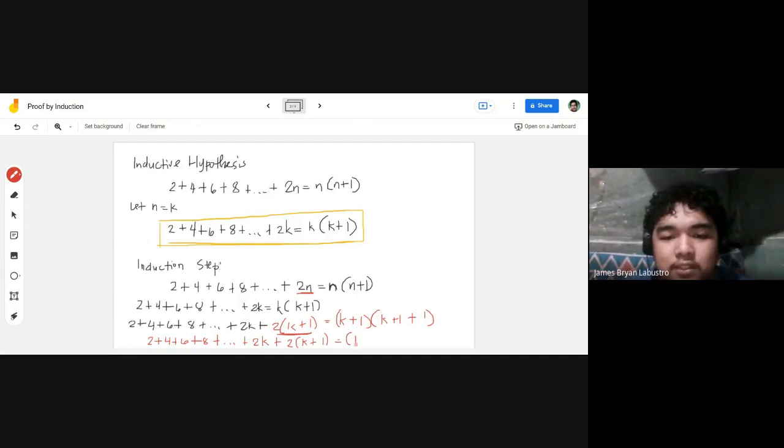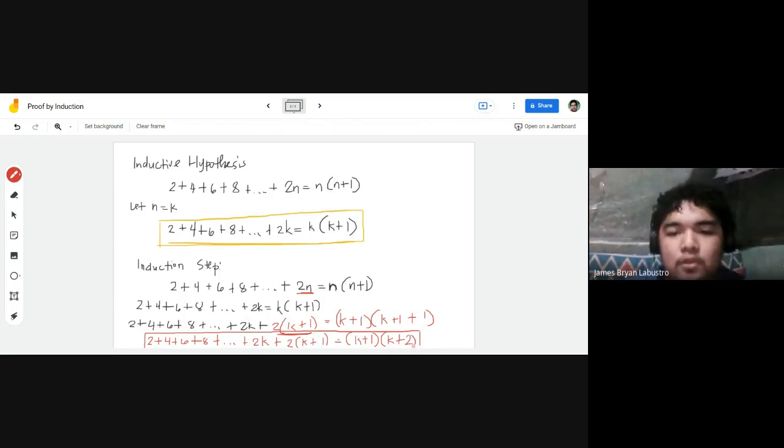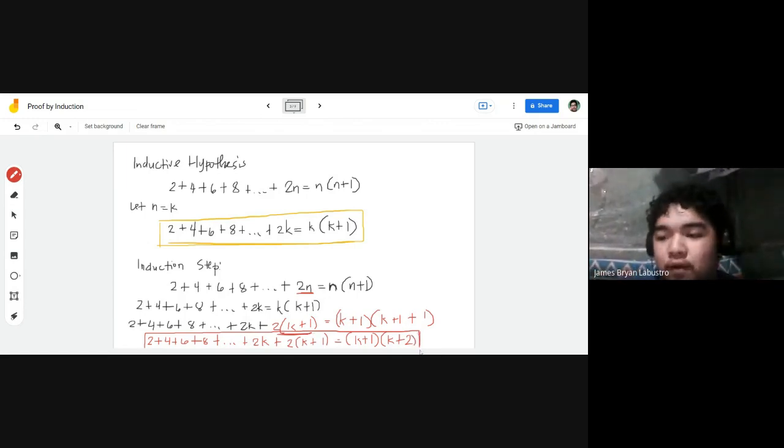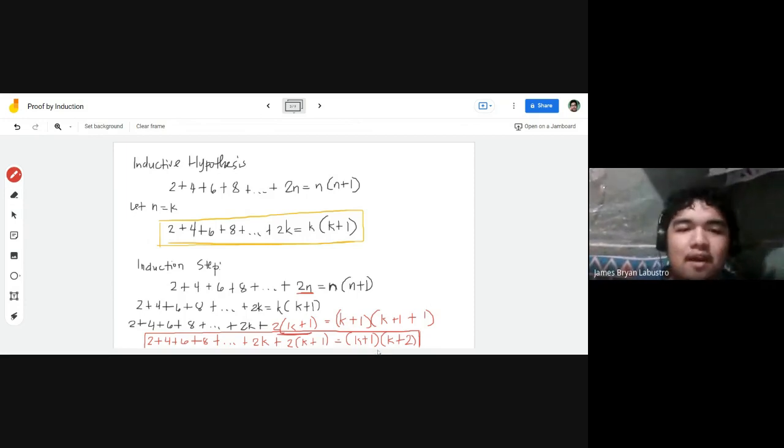So times k plus 1, this is what we simplify, times k plus 2. So this would be your induction step.